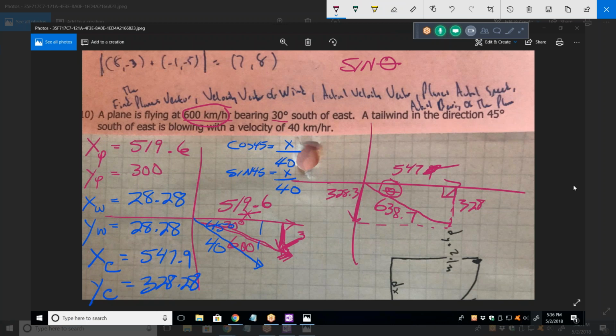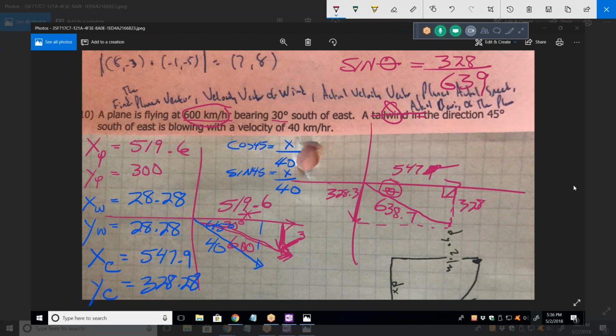Sine of theta, always start with your trig function, is equal to what? Opposite over hypotenuse. Opposite is 328 over 638. Round it off, 639. Now, to get theta, what do we do? Remember what trig is all about. You take trig functions of angles to get ratios.